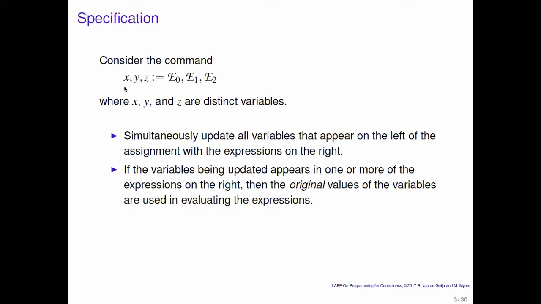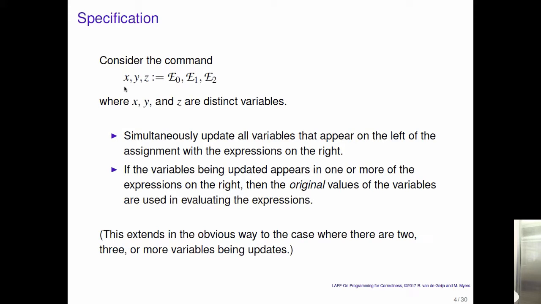It simultaneously updates all of these variables with the corresponding expressions, and if any of the variables on the left appear in any of the expressions on the right, then you use the original contents of those variables rather than the updated ones. And obviously if there are only 2 variables there, then you only have 2 expressions on the right, and you can have more than 3 variables there as well.